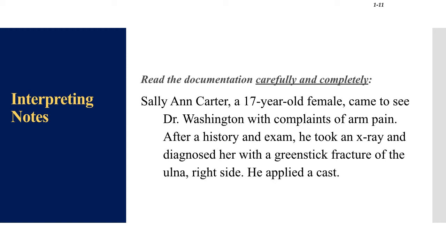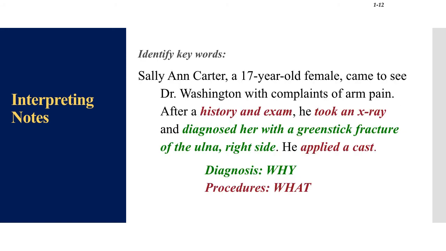So now let's take a look at how we identify what we as coders need to know. And I strongly recommend that you do this in process. And what I mean by that is focus on only the diagnosis keywords and code those first, then go back and focus on the procedure. But we're going to kind of do everything here.